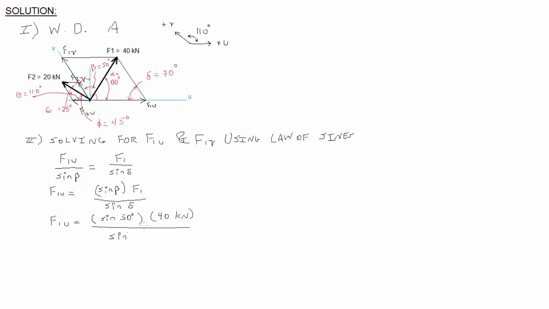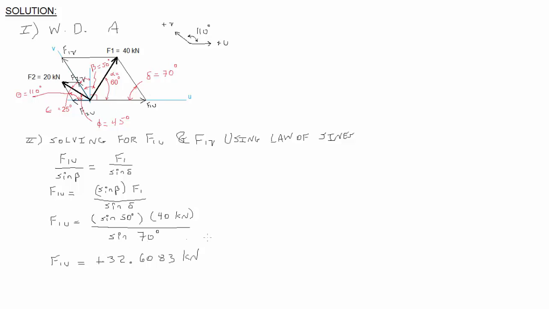So that's the sine of 70 degrees. And we find that F1u equals 32.6083 kilonewtons.